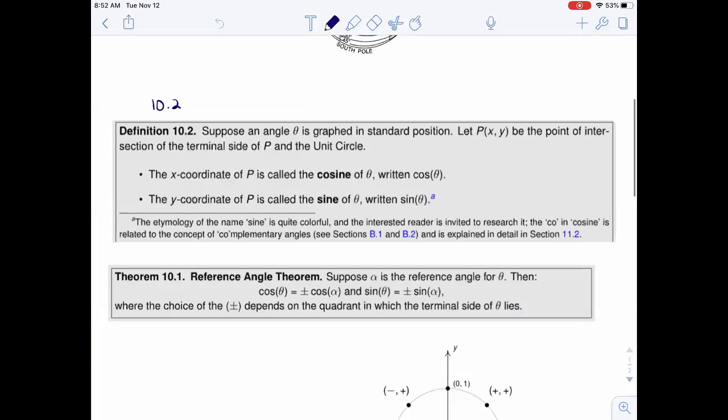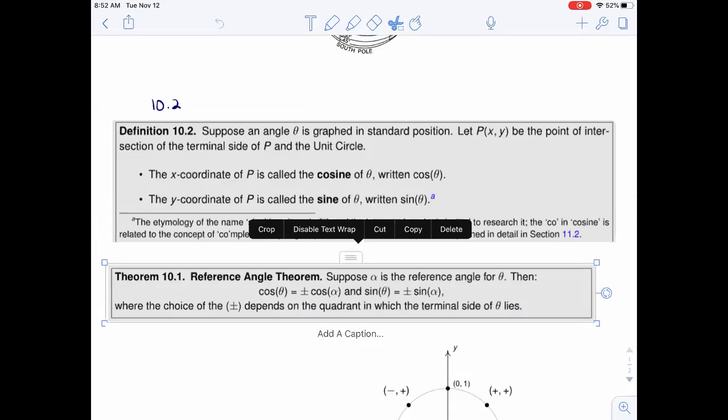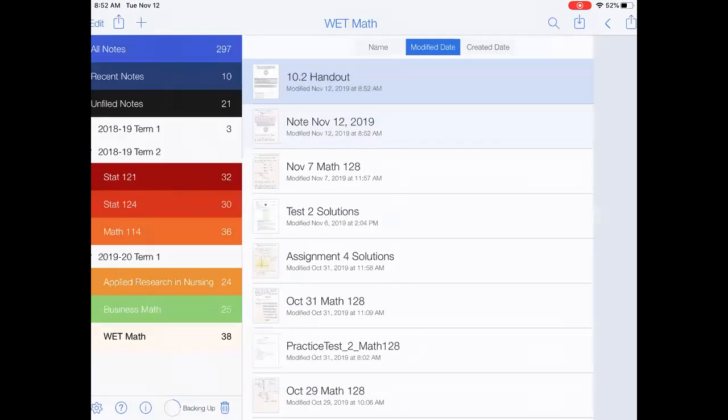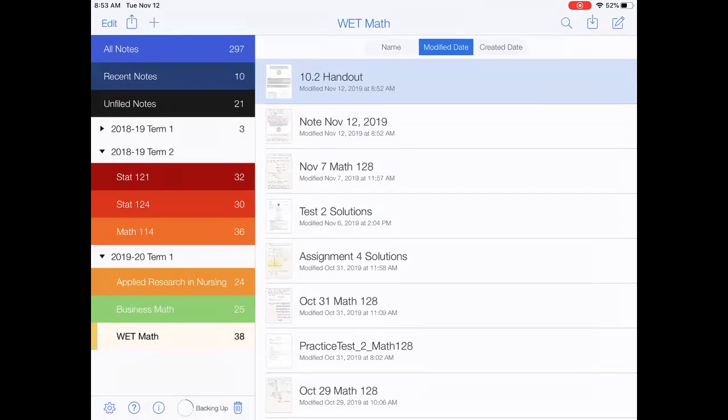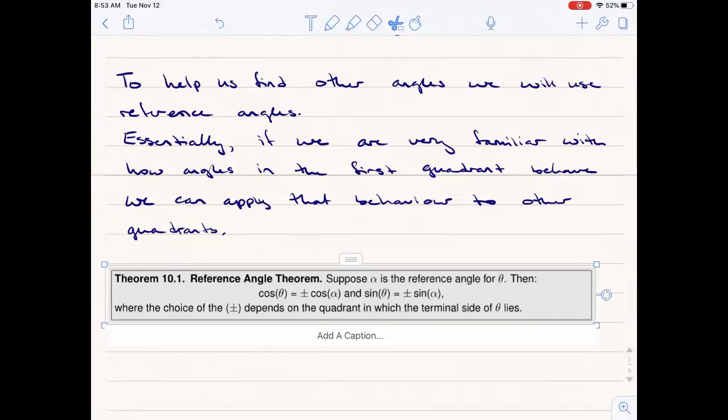So we've got the reference angle theorem, which I'll sneak in there now. The reference angle theorem says that suppose alpha is the reference angle for theta, then cos of theta is going to be plus minus cos alpha, and sine of theta is going to be plus minus sine alpha, where the choice of plus minus depends on the quadrant in which the terminal side of theta lies.